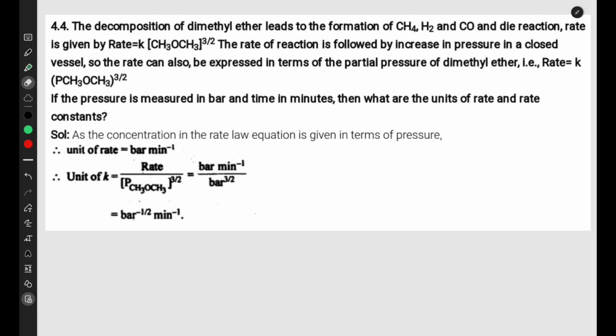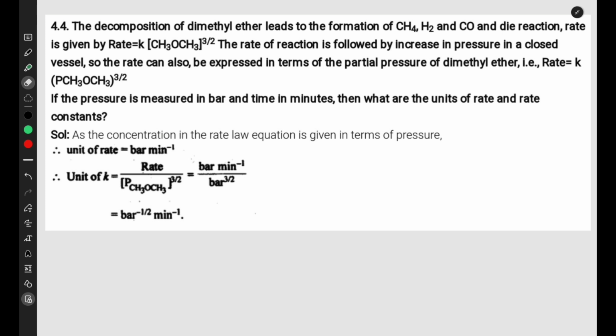Decomposition of dimethyl ether leads to the formation of methane, hydrogen and carbon monoxide, and the reaction rate is given by rate is equal to K into concentration of CH3OCH3 raised to 3 by 2. The rate of the reaction is followed by increase in pressure in a closed vessel.